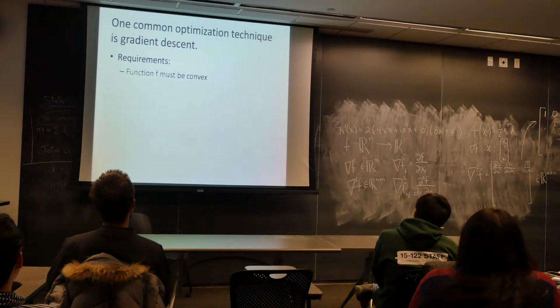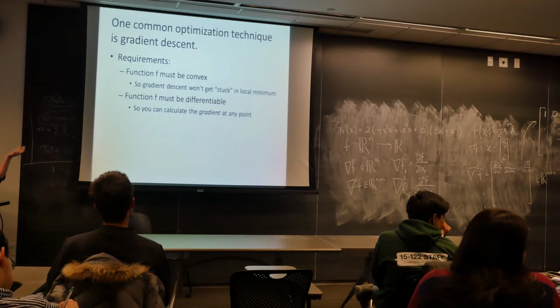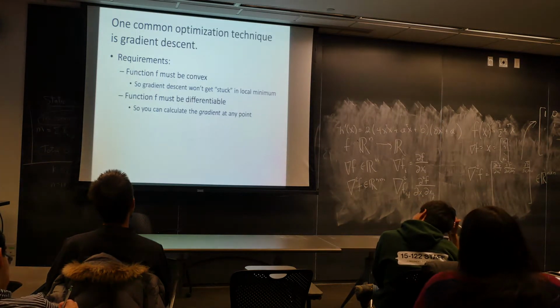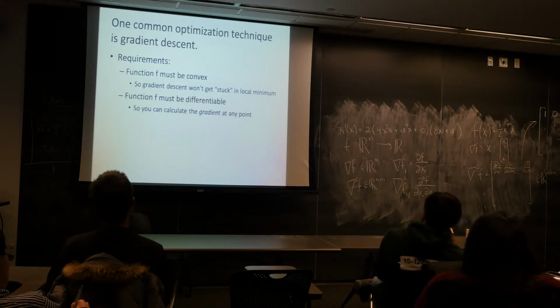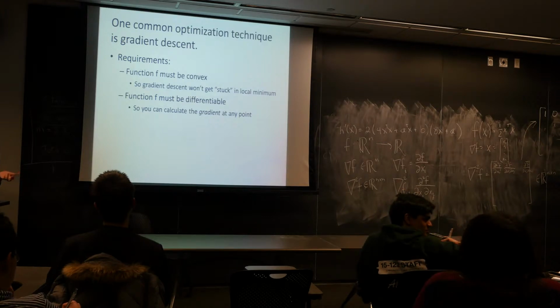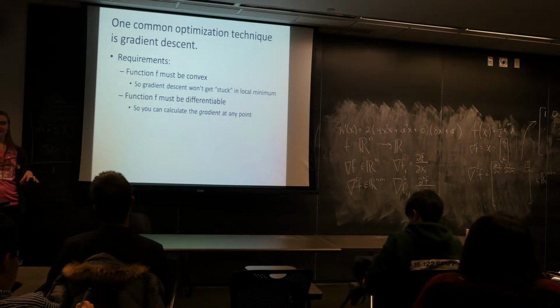Because of that, your function must be differentiable, so you can calculate the gradient at any point that you might get to. Also, it needs to be convex, so it doesn't get stuck in a local minimum. There are actually lots of times that people will use gradient descent for non-convex functions, but then just do random restarts to see what actually gets the best solution.